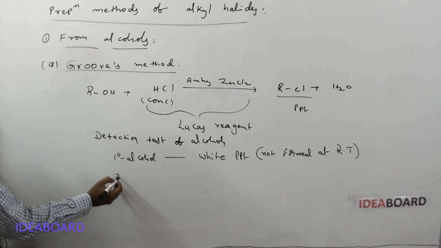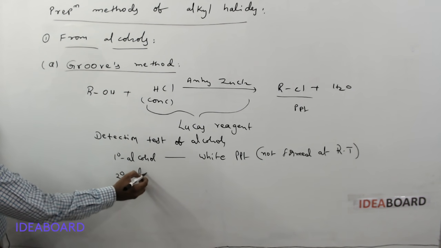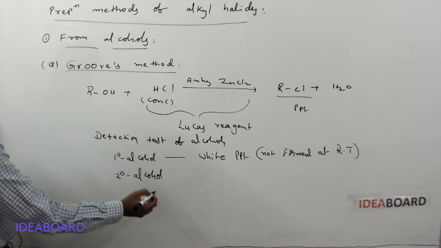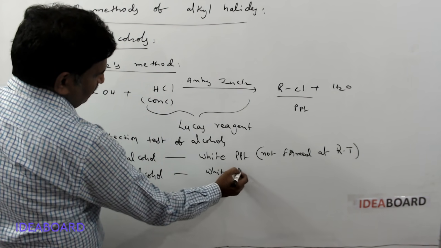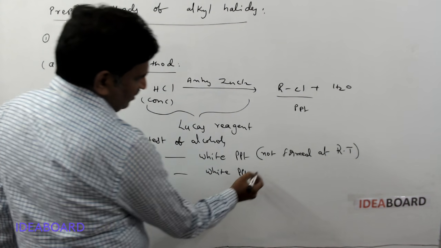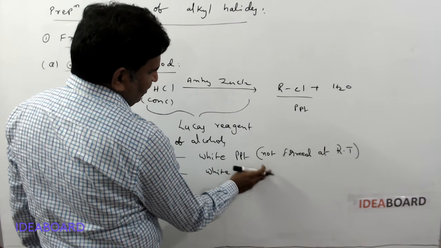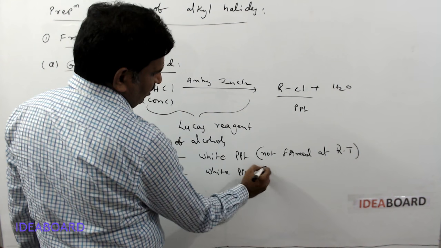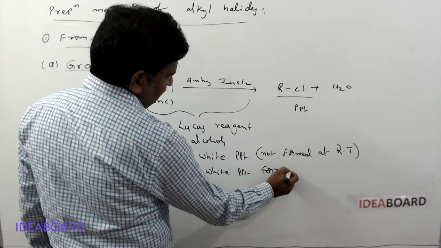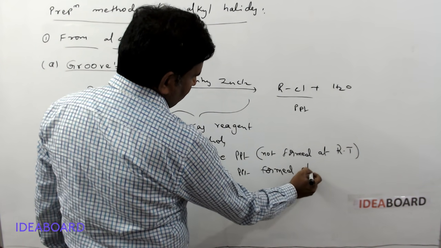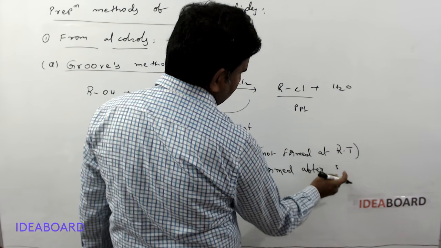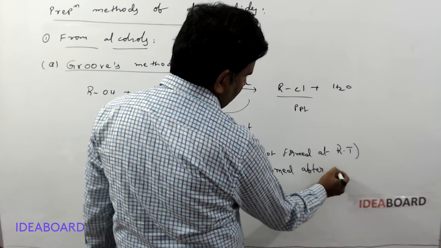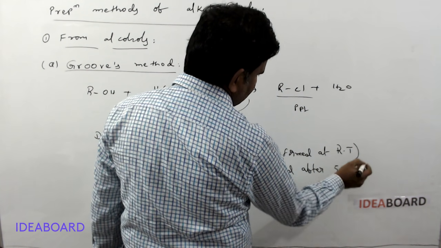Next, if a secondary alcohol is taken, the white precipitate is formed after a few minutes, or after 5 minutes.